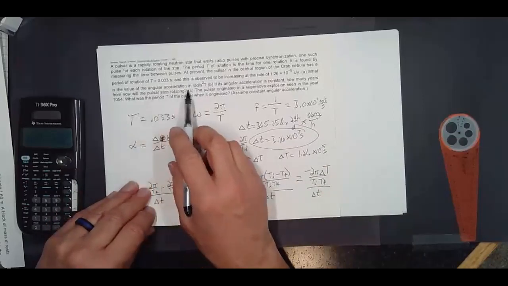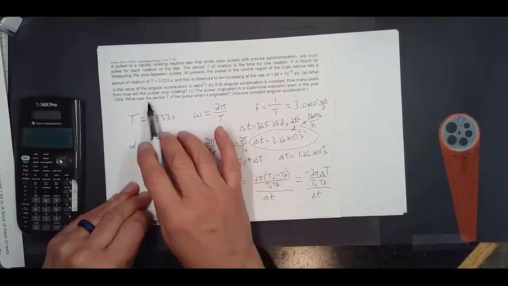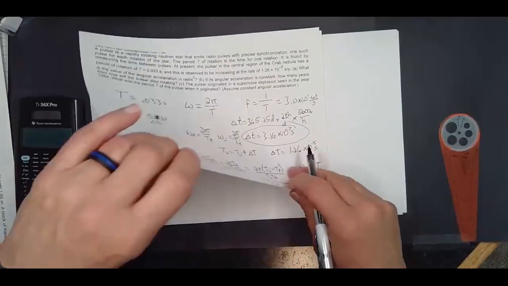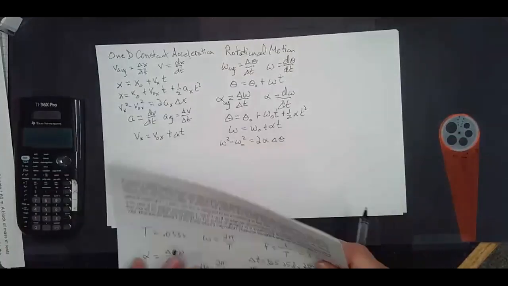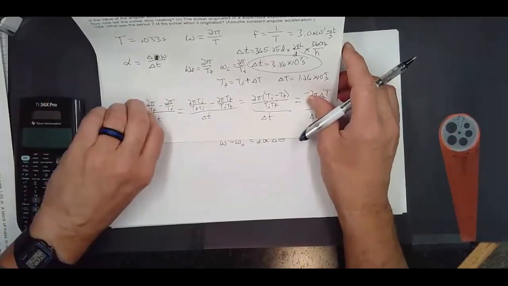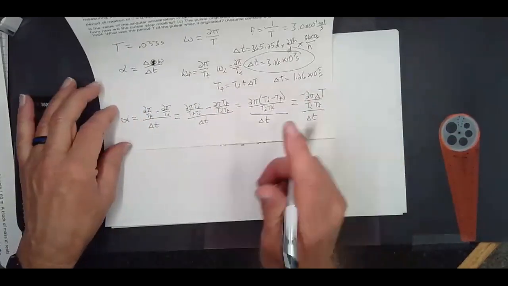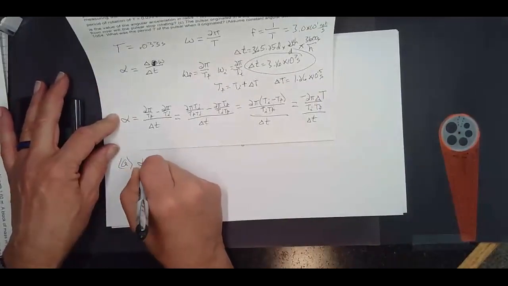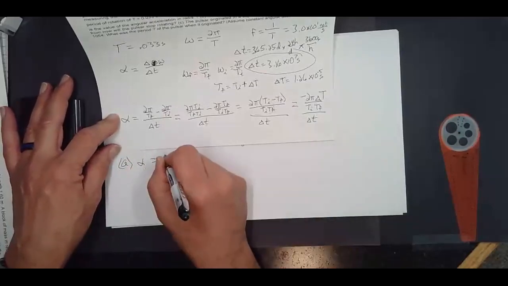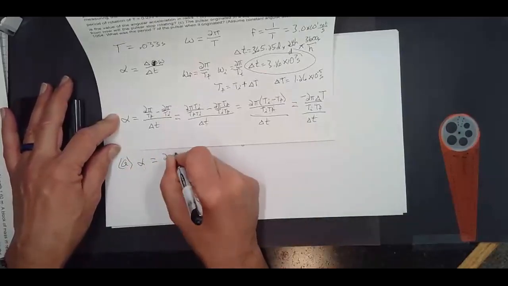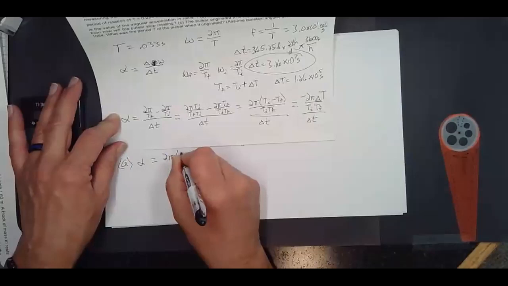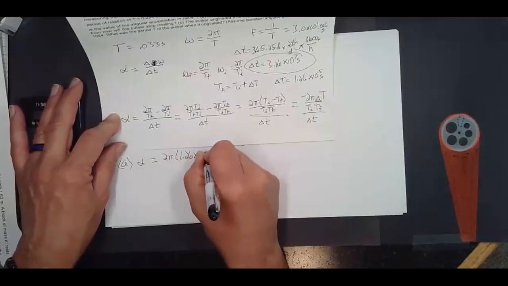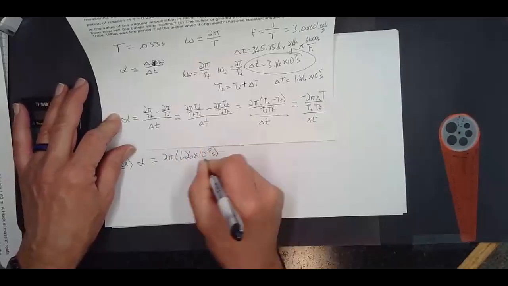Let's see, what's the rate of angular acceleration? How many years from now will it stop rotating? Okay, I'm running out of room, but that's all right. I'll just finish off part A here. I'll have that alpha is going to equal 2 times pi times 1.26 times 10 to the minus fifth seconds.